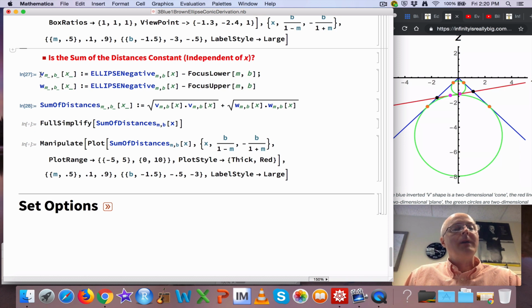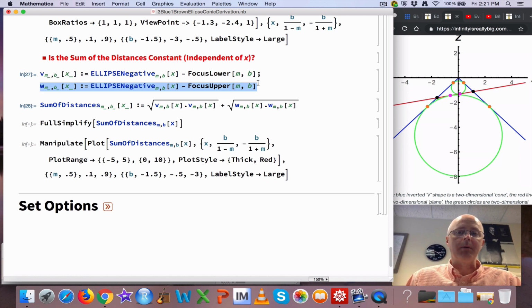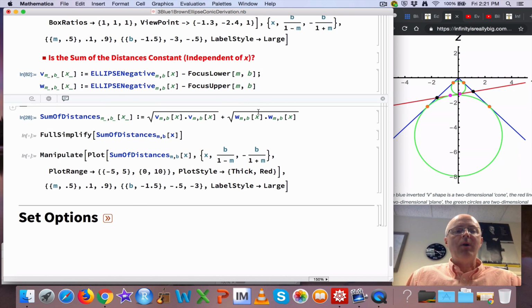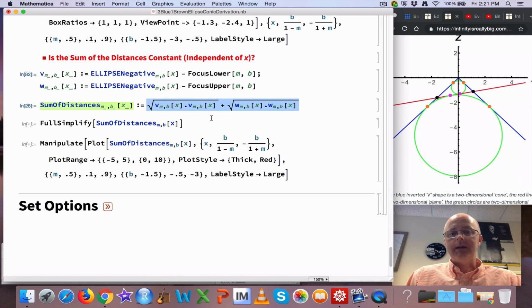I'm letting v be a vector that goes from the ellipse to the lower focus corresponding to the bigger sphere tangency, and letting w be a vector that goes from the ellipse to the other focus. So the lower one is on the left and the upper one is on the right in the picture. And then I'm using the dot product of the vectors with themselves, here and here, as well as square roots and sums to get the sum of distances.